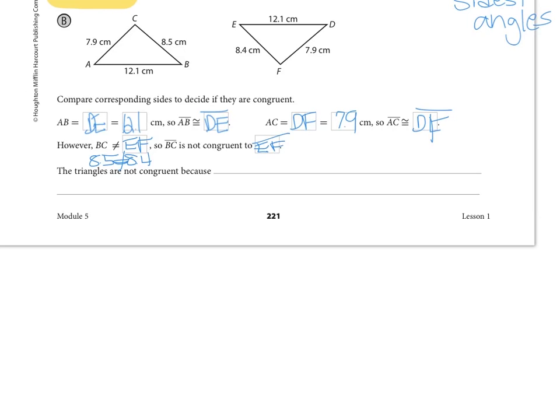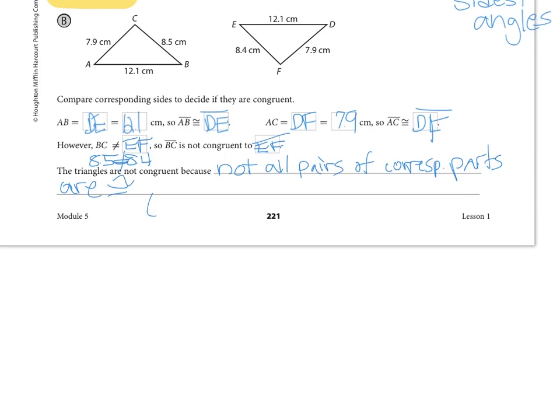So the triangles are not congruent because not all pairs of corresponding parts are congruent.